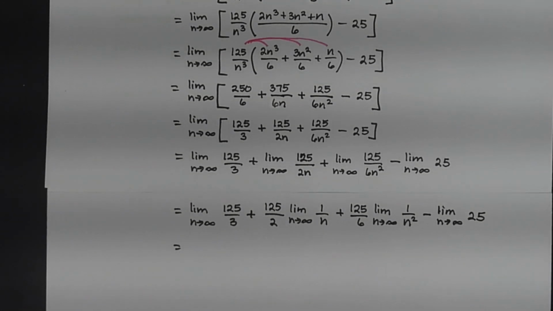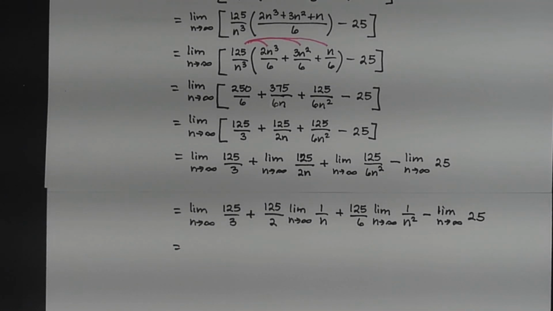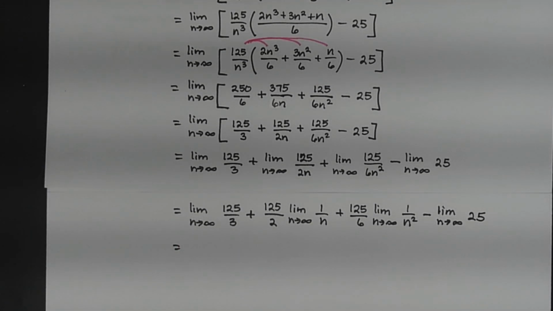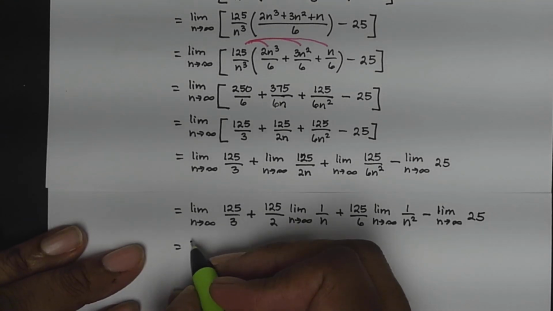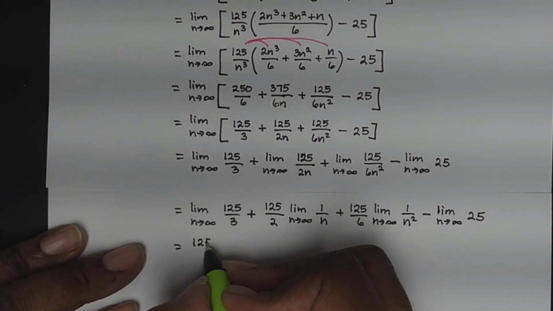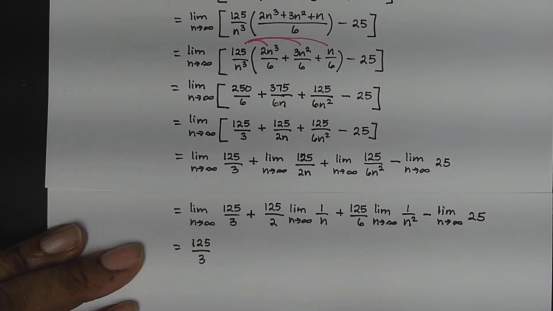I know the limit of any constant will be that constant. So the limit as n approaches infinity of 125 over 3 would be 125 over 3.